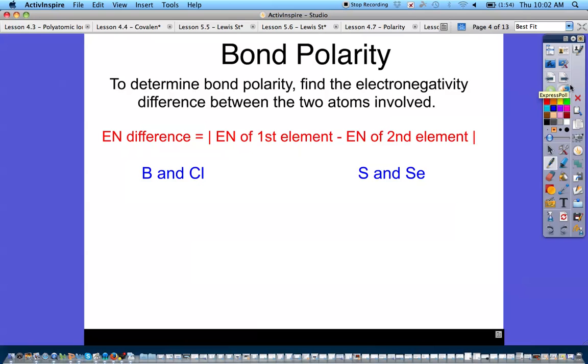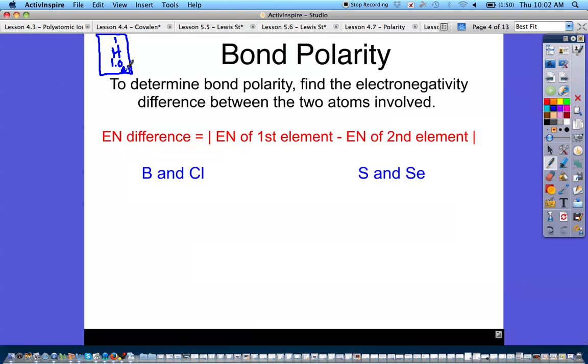So to start with bond polarity, you're going to determine bond polarity by finding the electronegativity difference between the two atoms involved. So on your periodic table, on each block, you have your symbol, you have your atomic number, you have the average atomic mass, and then in the bottom right-hand corner, you have another number.